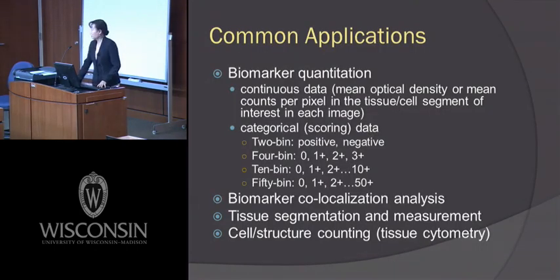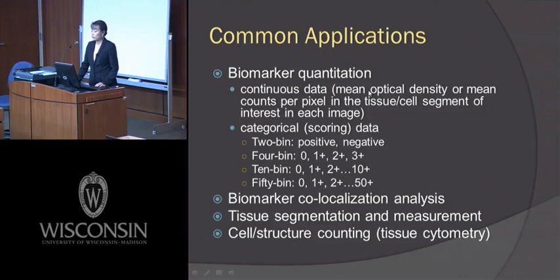So the common applications, broadly speaking, fall into 4 categories: biomarker quantitation, biomarker co-localization analysis, tissue segmentation and measurement, and cell structure counting. For biomarker quantitation, you can obtain continuous data, which is pretty much mean optical density or mean counts.